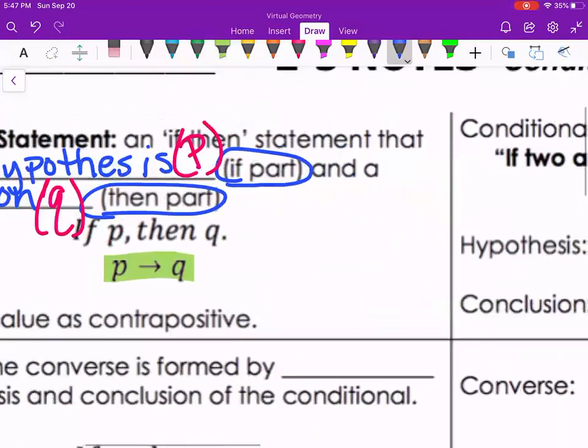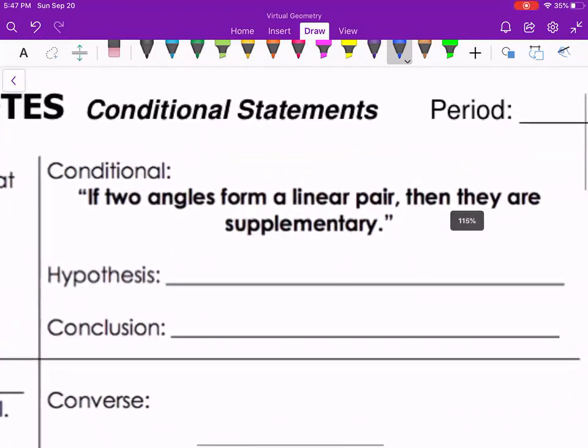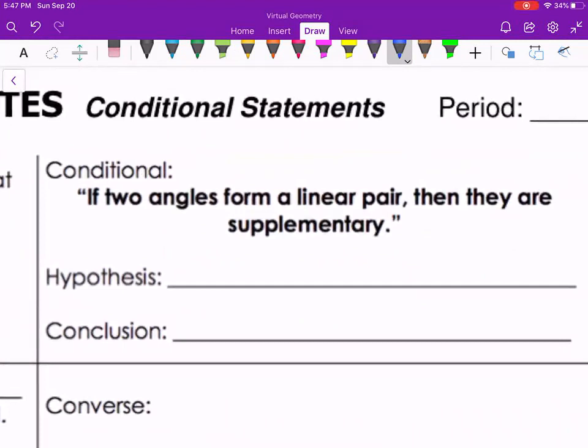So let's see if we can identify the parts of our conditional statement here. All right, so we have the conditional statement: if two angles form a linear pair, then they are supplementary. This is cut into two pieces here. One part is before the comma, the last part is after the comma. Everything before the comma, but after the word if, is our hypothesis.